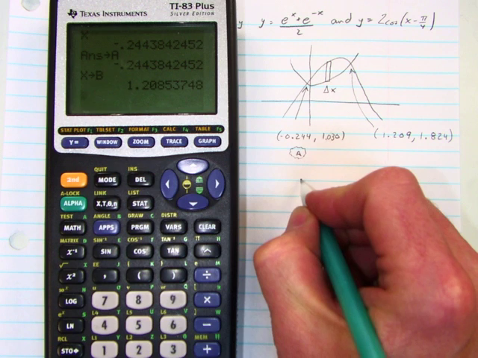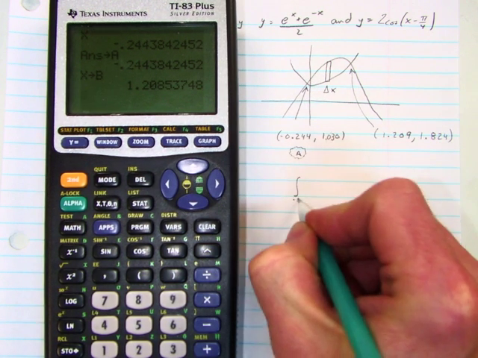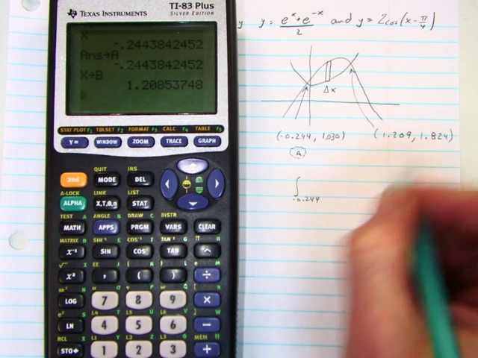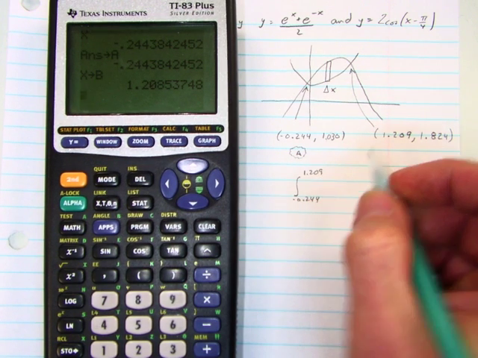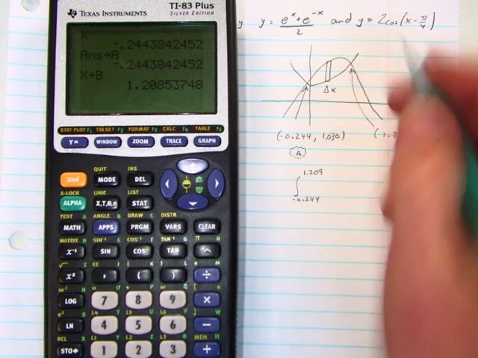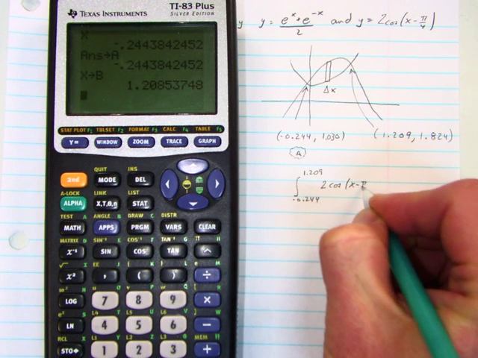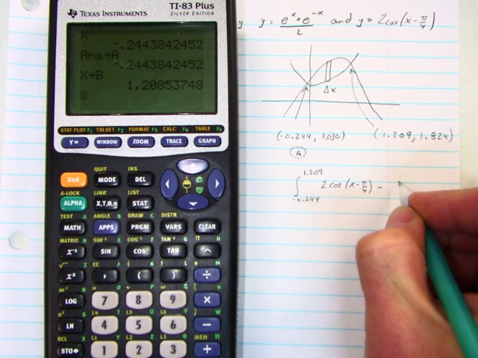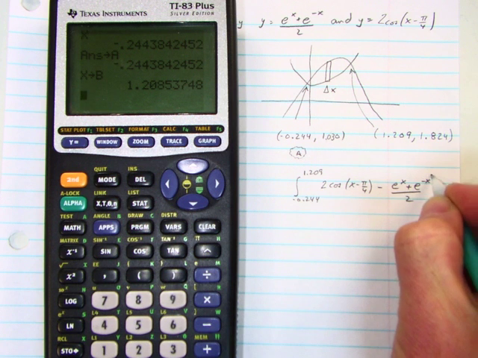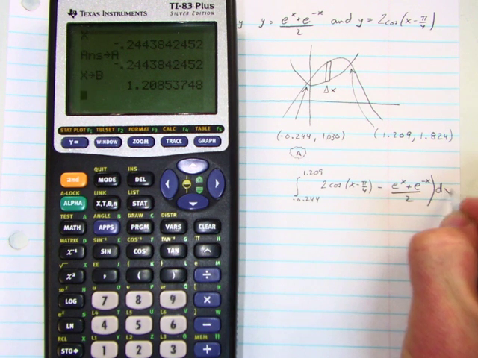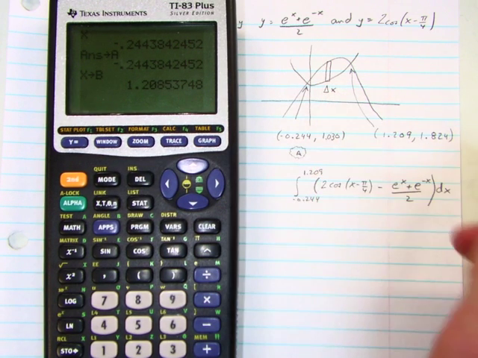Now we can set up our integral, and our integral is from negative 0.244 up until 1.209 of what? What is our top graph there? That top graph is 2 cosine of x minus pi over 4 minus the bottom graph, e to the x plus e to the negative x, all divided by 2, and then we'll close that, multiply it by the thickness of each rectangle, and we'll get our area.